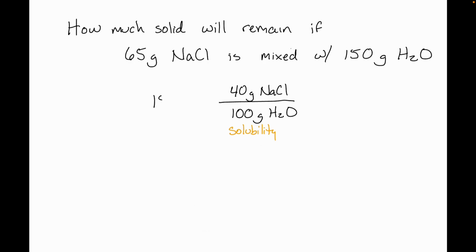So I'm going to take my 150 grams of H2O, and why am I going to multiply it instead of dividing it? How do I know that that's set up correctly? Because you need to pay attention to the units. It's all about canceling out those units. If I have grams of water on the bottom, that means I need to cancel it out with grams of water on the top. So grams of water will cancel, and now I'm left with my new threshold, 60 grams.